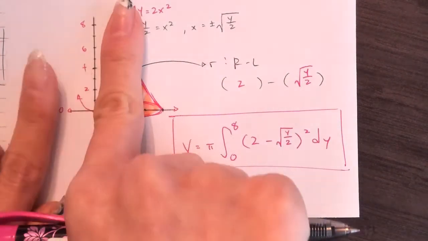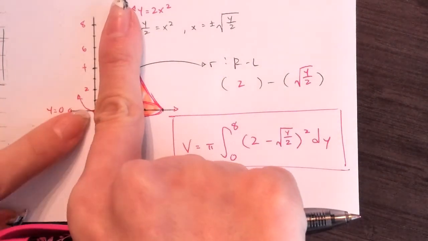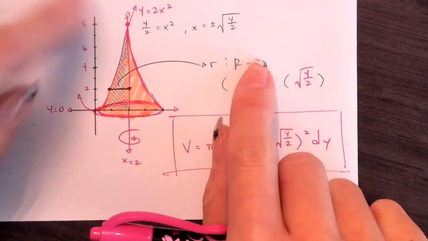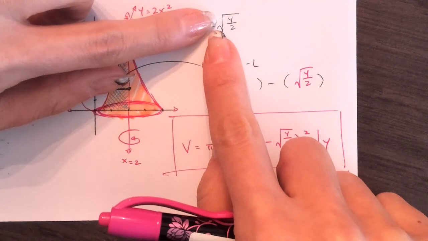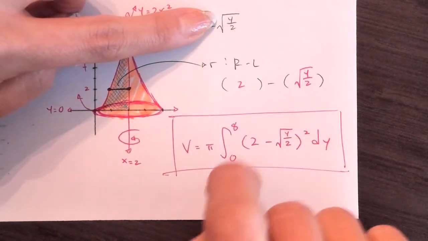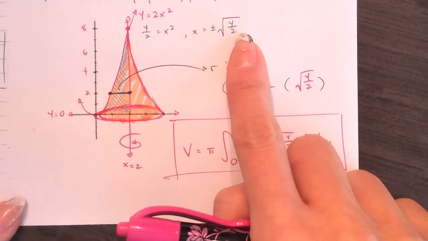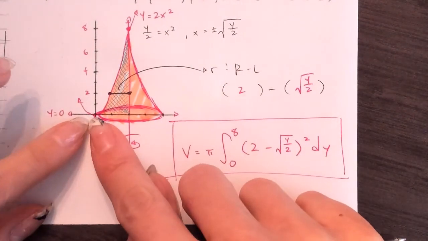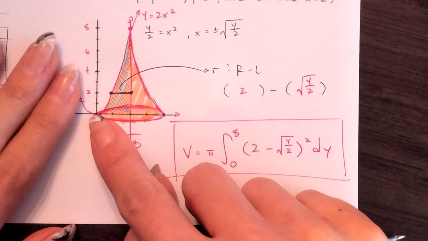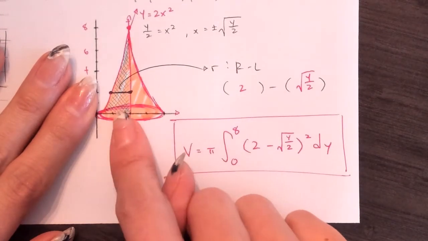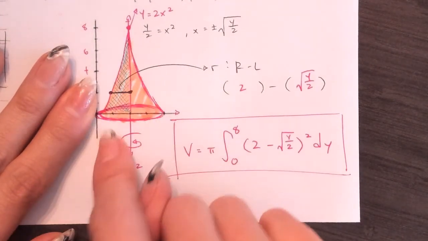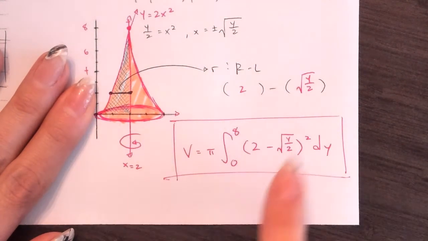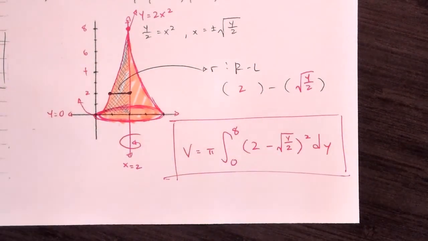The left side of the parabola, where I only drew a little bit, but if I kept drawing it up, would technically be negative root y over 2. So that's why it's positive and negative root y. So in terms of x's, this would be the positive root, this would be the negative root. And we want the positive root because that's the positive side of the x values. So 2 minus the root, plug it in, done.